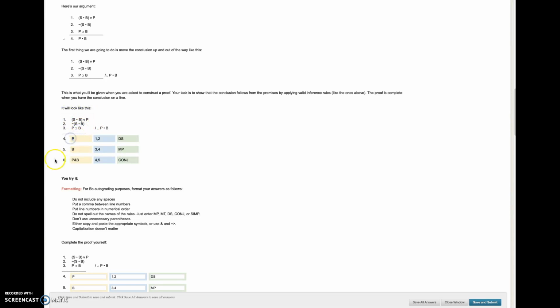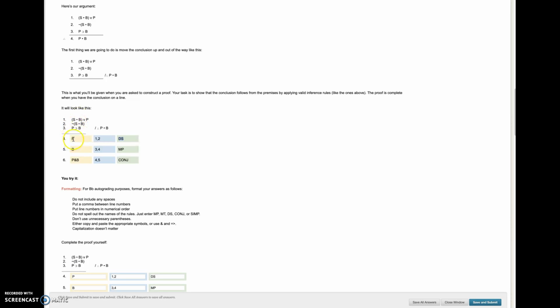And we do. We have P. We can put that on its line. We'll cite the lines that we looked at, and we'll use the rule DS. So if this or this is true, and not this, therefore this follows. So we'll put it on a line, cite lines 1 and 2, and the rule we looked at.